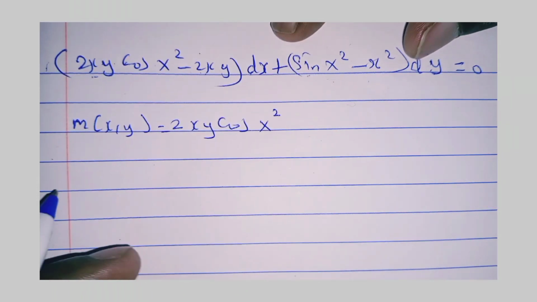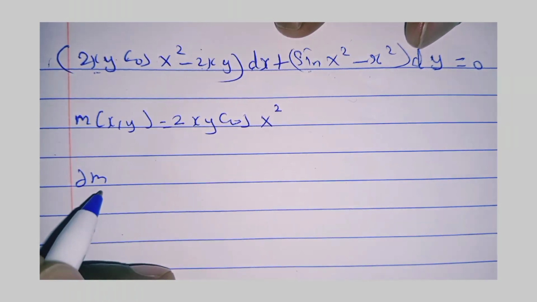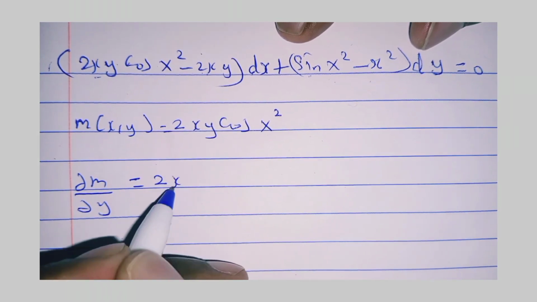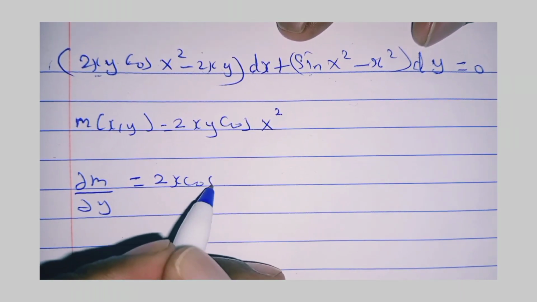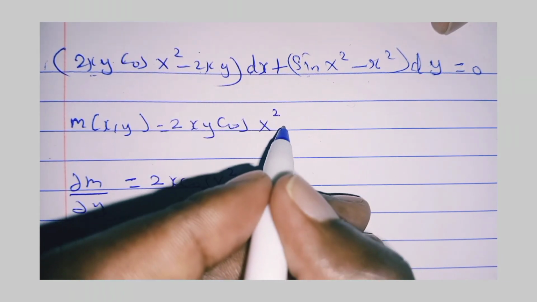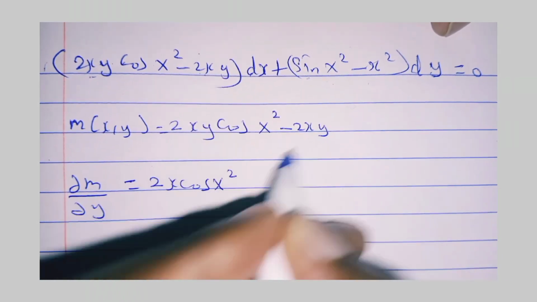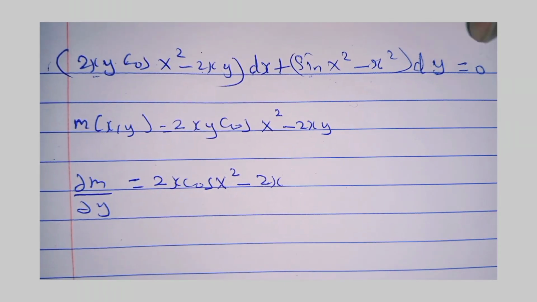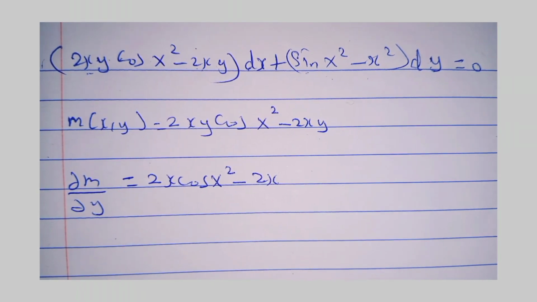From here we get the partial of M with respect to y, which gives us 2x cos(x²) minus 2xy. So here minus 2x. That is the result we obtain.